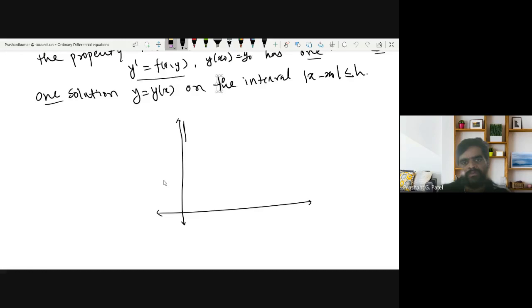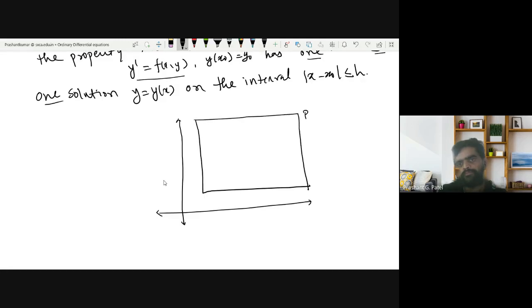That means the sides will be like this, this is the rectangle you will have. This is your R. And this x0, y0 is the interior point inside this region.